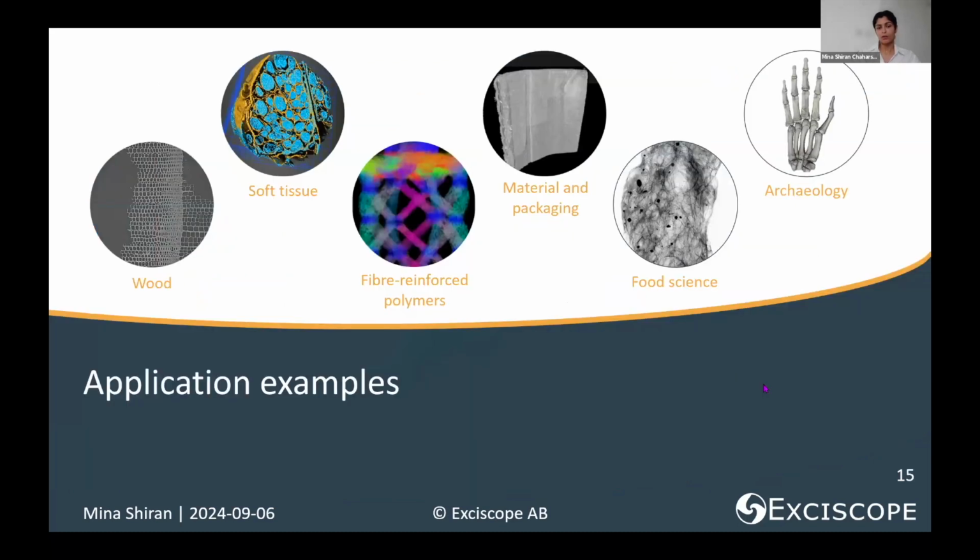Here I would like to discuss some of the application examples that we ran using our Exciscope system, together with some of our collaborators. The applications are quite vast, from scanning wood to archaeological samples or food science. But in this presentation, I brought some examples that are relevant to bioimaging.